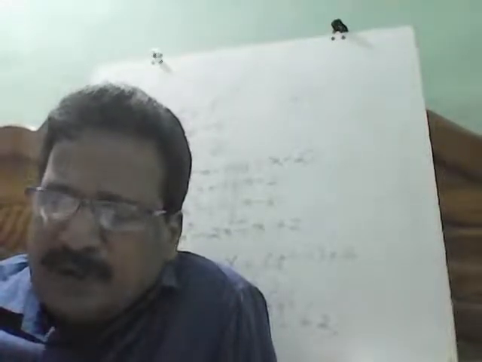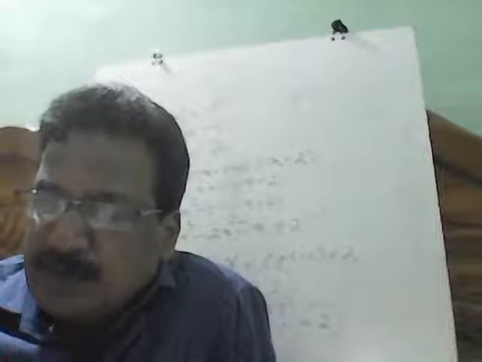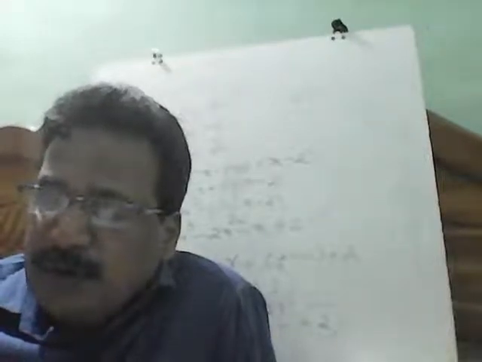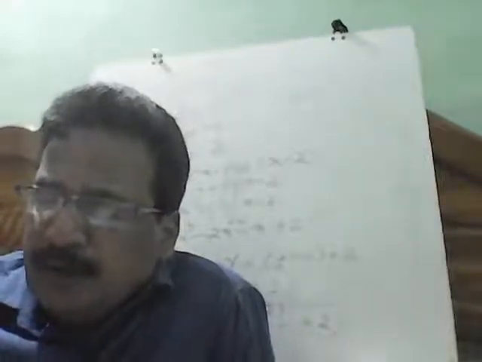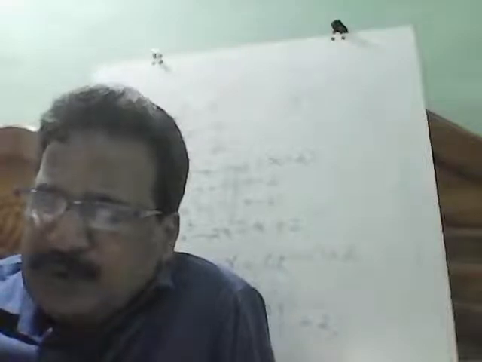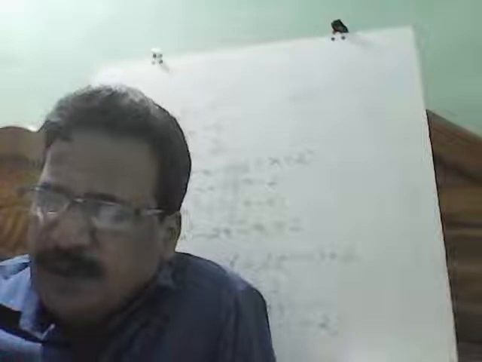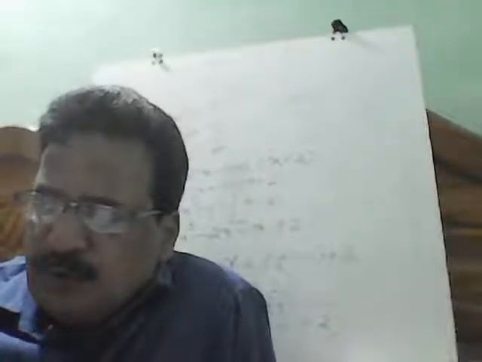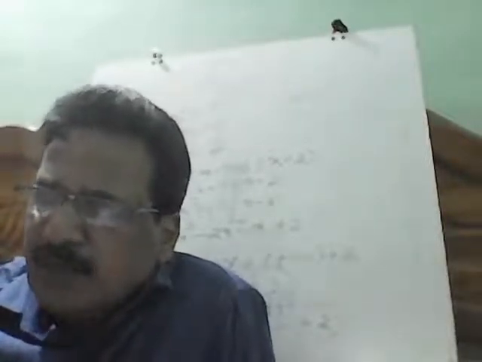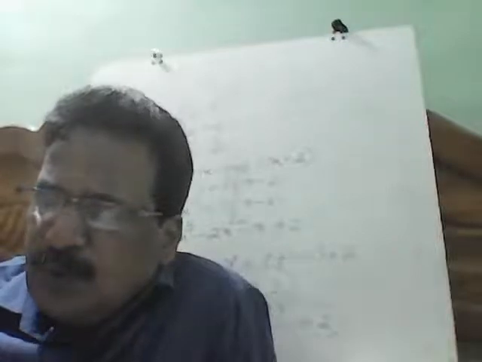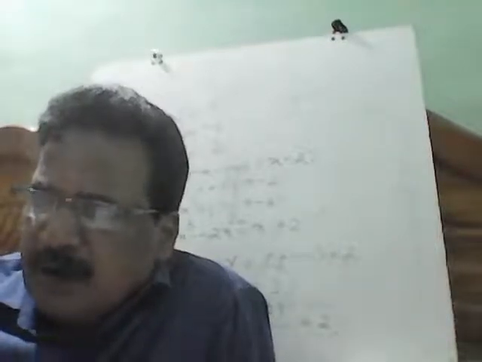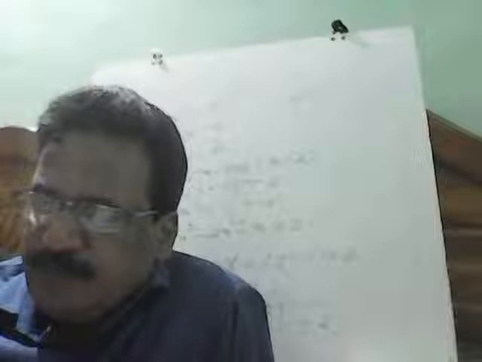Here dividend is 2x square plus 3x plus 1. Divisor is x plus 2. When you divide, your quotient is coming 2x minus 1 and the remainder is coming 3.